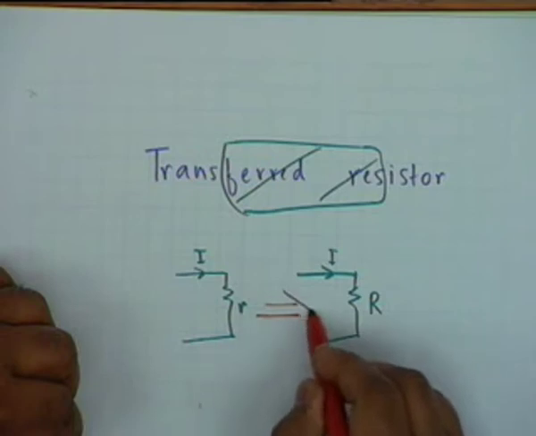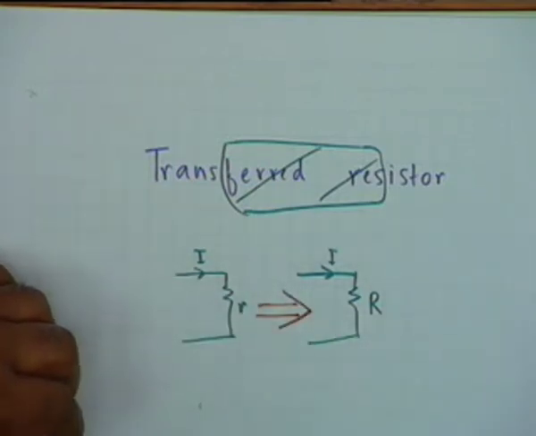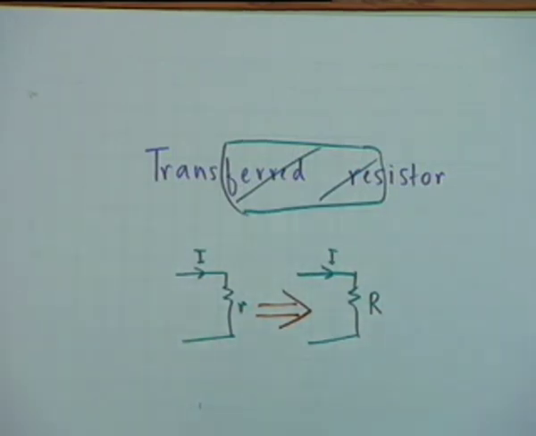There is some transfer mechanism in which the same current capital I is made to pass through a small resistance at the input and a large resistance at the output. All right, output, that means it is basically at least a two port. It is not a one port.